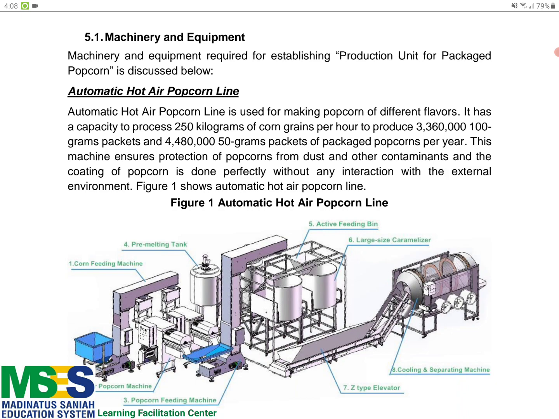Okay, let's start. First of all, what would you need? An automatic hot air popcorn line. When we say something is a line in manufacturing, it means it starts from a production process, and then the product moves as if on a conveyor belt, automatically going from one process to another till the end packaging.